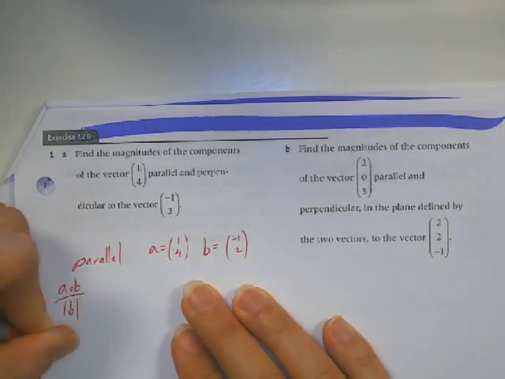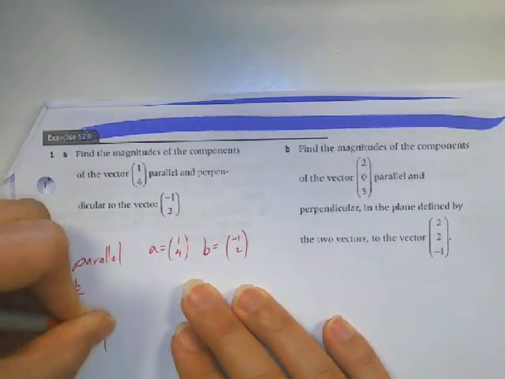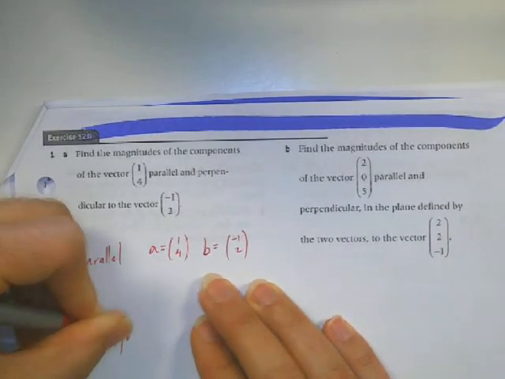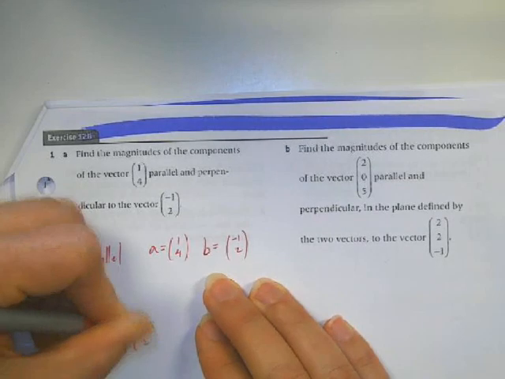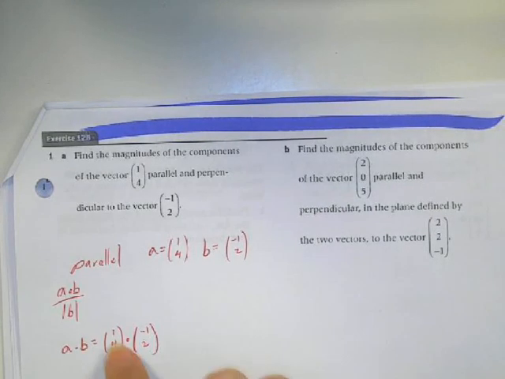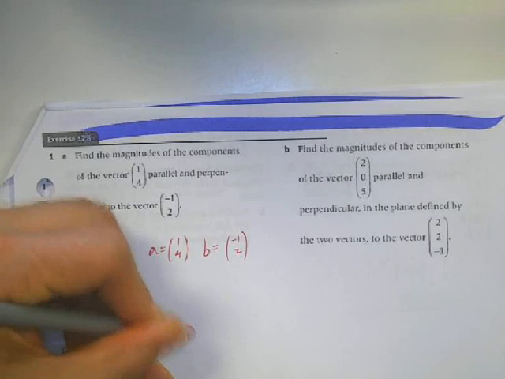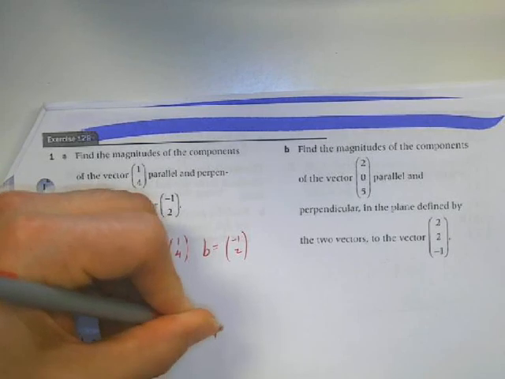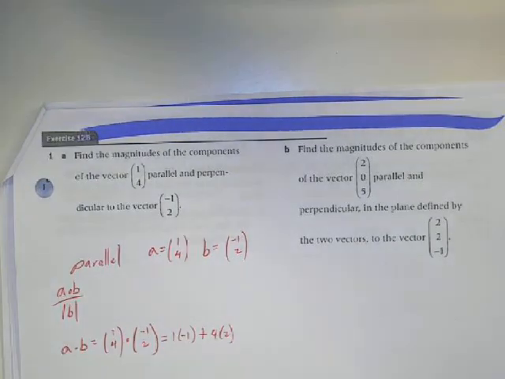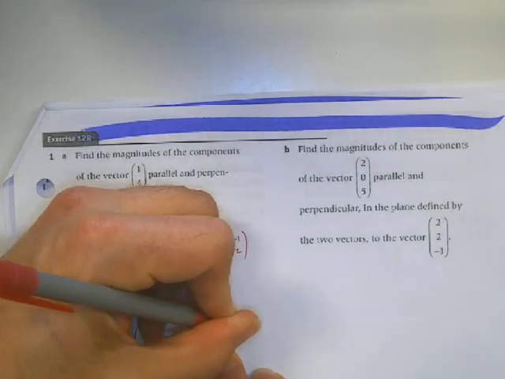A dot B is equal to 1 times negative 1 plus 4 times 2, which gives us negative 1 plus 8, which gives us 7.